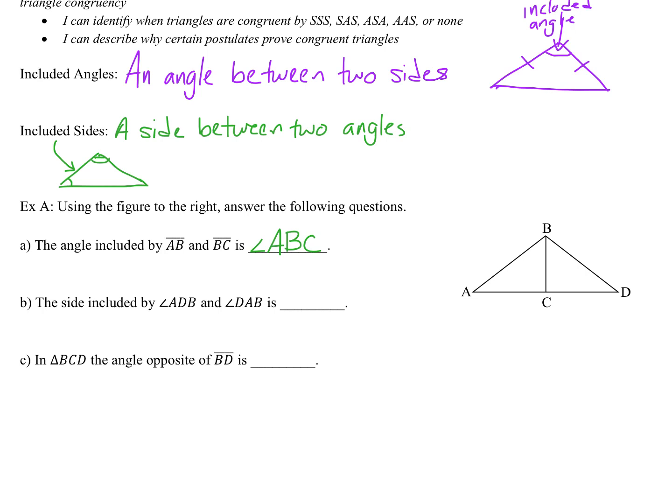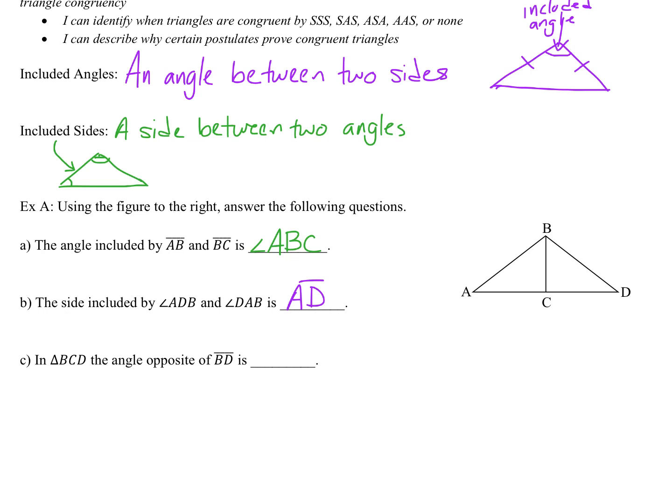What's the included side? We have to go from angle to angle. AD. Making sure your markings are accurate and your labels, so putting that's a segment versus angle, things like that, is important.